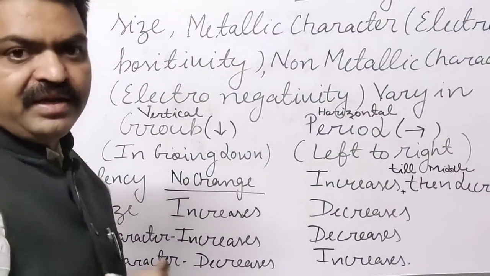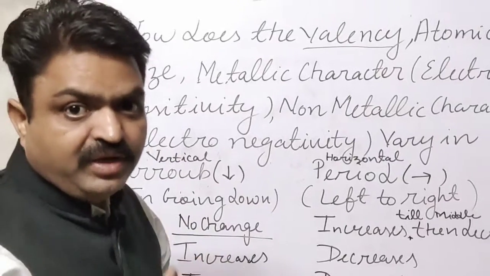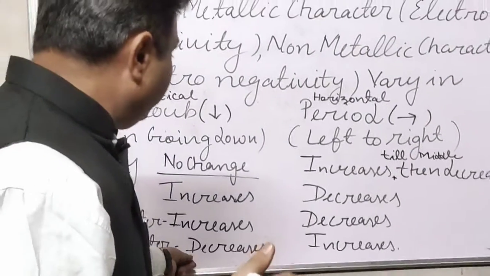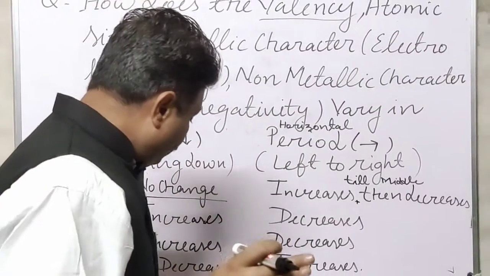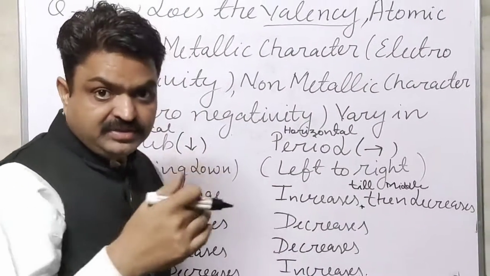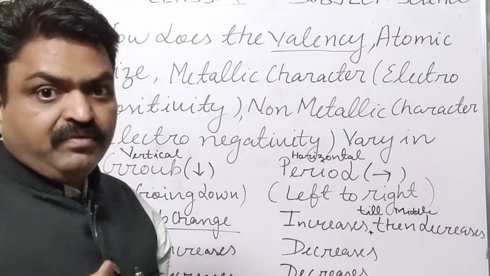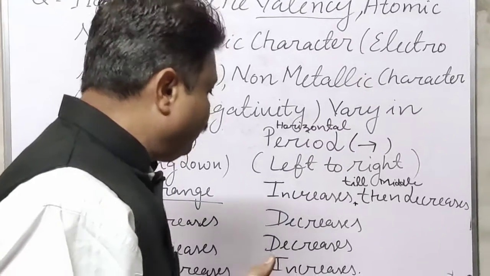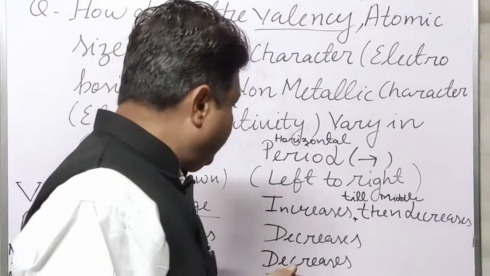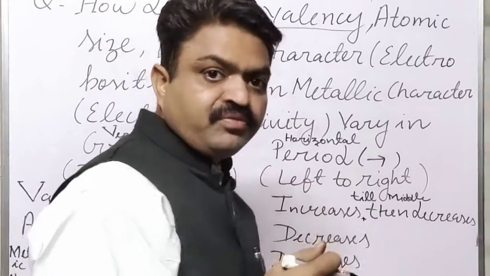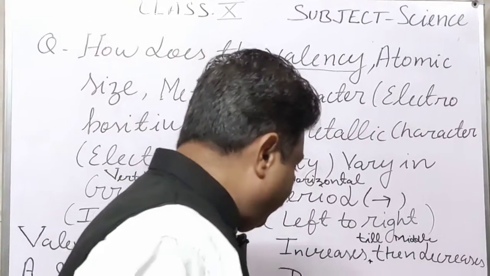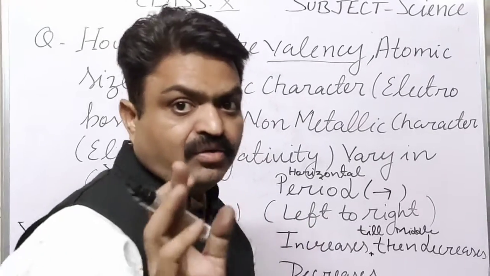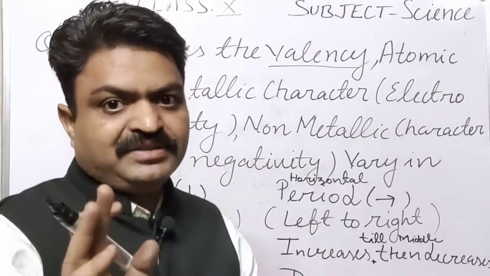But non-metallic character, or electronegativity, in a group decreases from top to bottom, but in a period from left to right it increases, which means the non-metallic character increases.